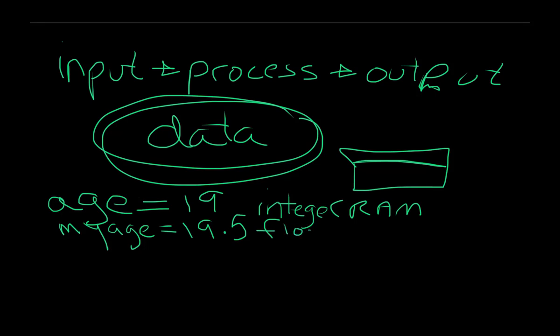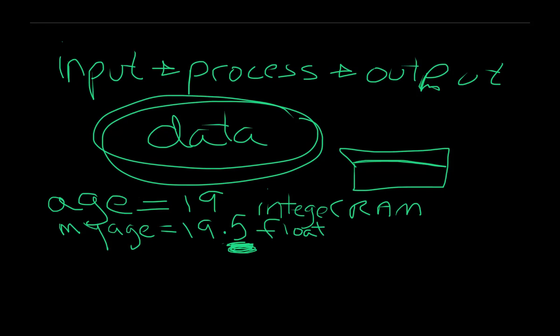This is a different data type called a float. So these are stored differently inside of RAM. Different amounts of space are allocated. The way that we have to store these zeros and ones, these on and off signals, has to be different to be able to compensate, to be able to store this 0.5 correctly. So anytime we want to have a whole number, this is going to be an integer data type. Anytime we need to have a decimal component on our data type, that's going to be a float.